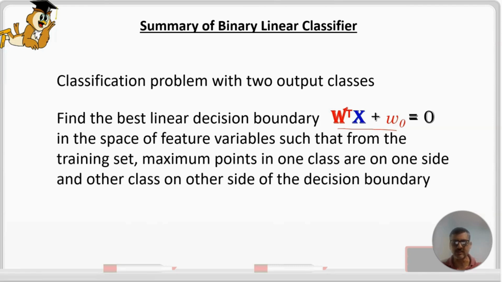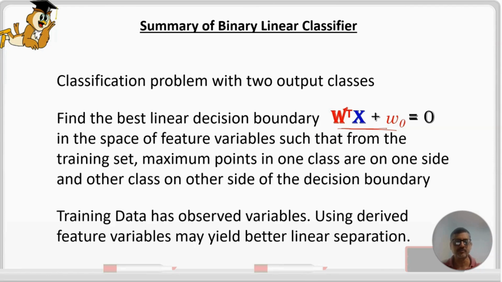There are only two classes. So one set of points in one class are on one side of the decision boundary and the points from the other class are on the other side, and you have to find the best possible linear decision boundary that does that. That's the problem of binary linear classification.